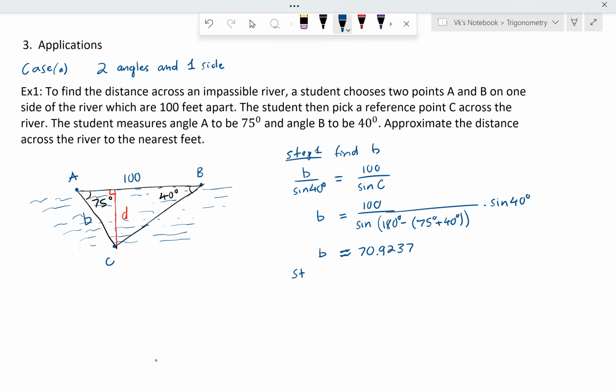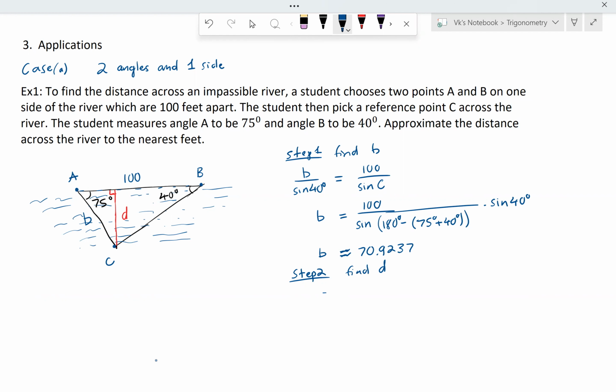Step 2. Once we have B, we have the right triangle, and then we can solve for D in the right triangle. By D, there's a relation between B, D and the angle 75.